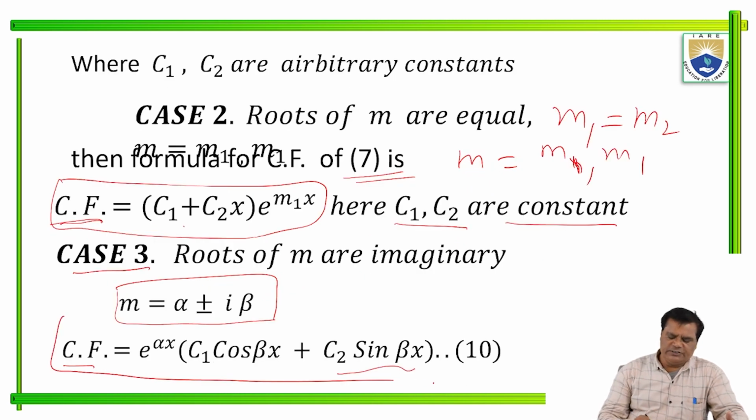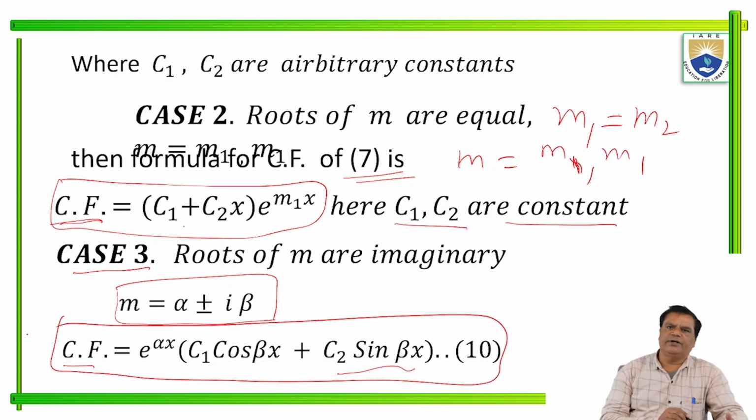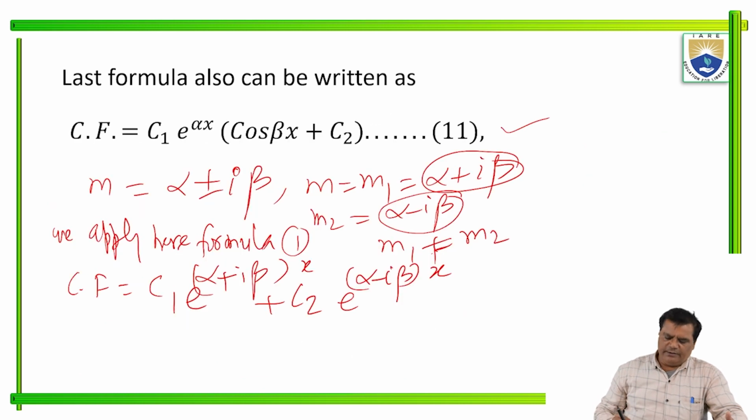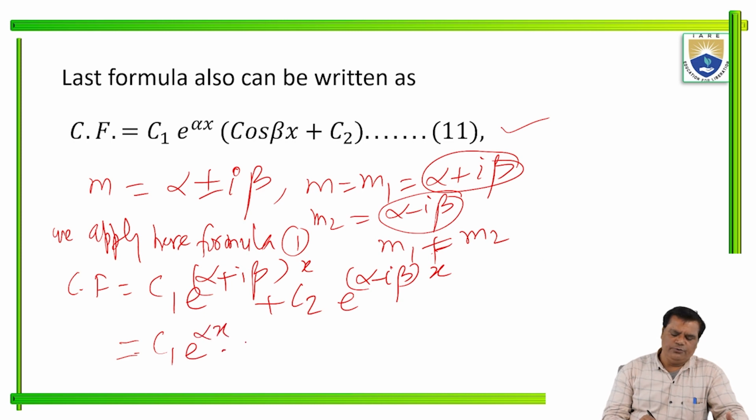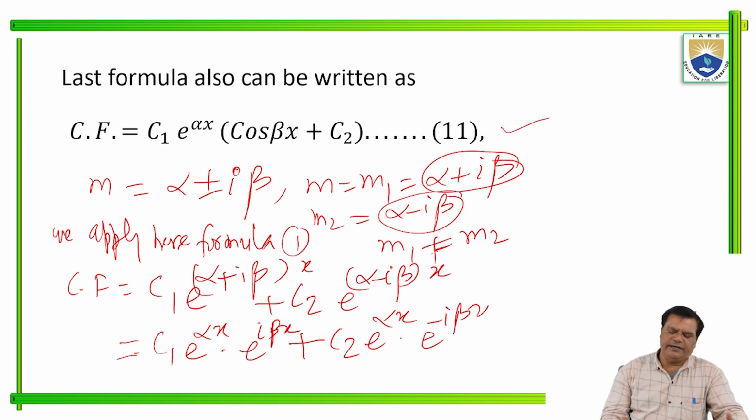Writing directly, C1 e to the power alpha x into e to the power i beta x, plus C2 e to the power alpha x into e to the power minus i beta x. So e to the power alpha x is common here.